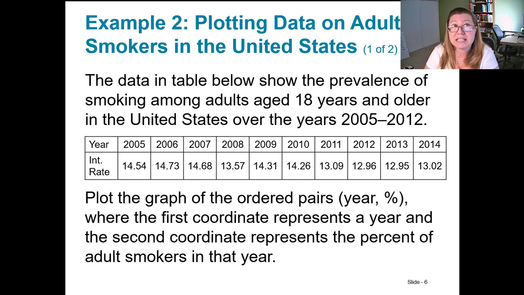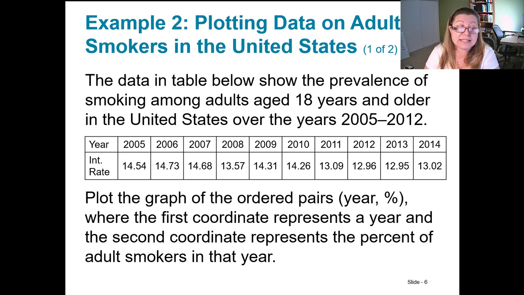Additionally, we tend to put population on the vertical axis, depending on what we're comparing it to. So let's say we're looking at college freshman, sophomore, junior, and senior, then those would go on the x-axis and population would go on the y-axis. It's just generally how it's done.